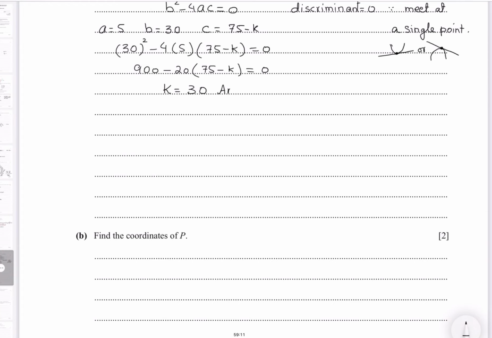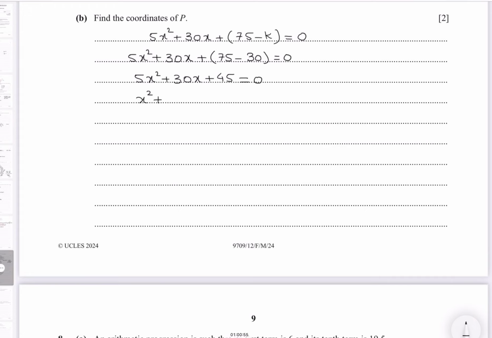Okay, now find the coordinates of P. So our 5x square plus 30x plus 75 minus k is equal to 0. So write down the value of k here. Simplify it and divide it by 5, so it becomes a shorter value.